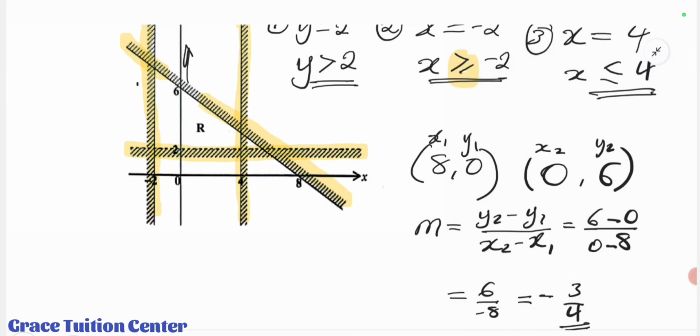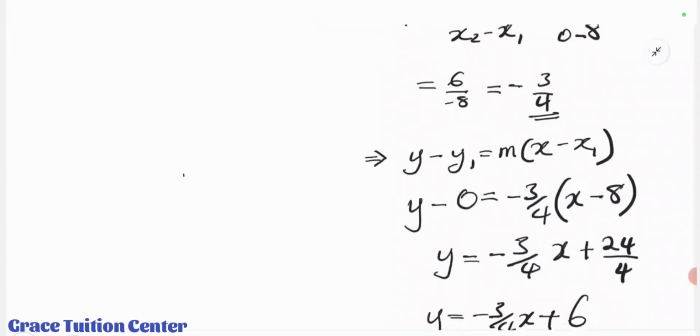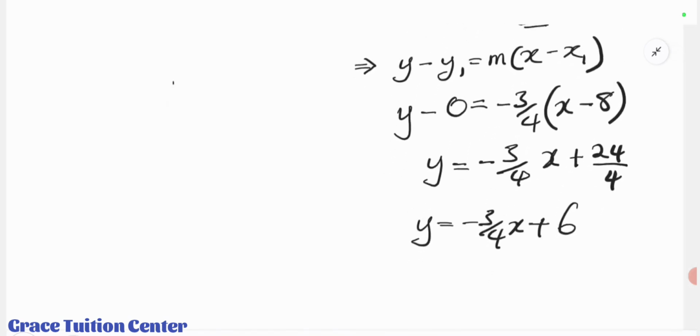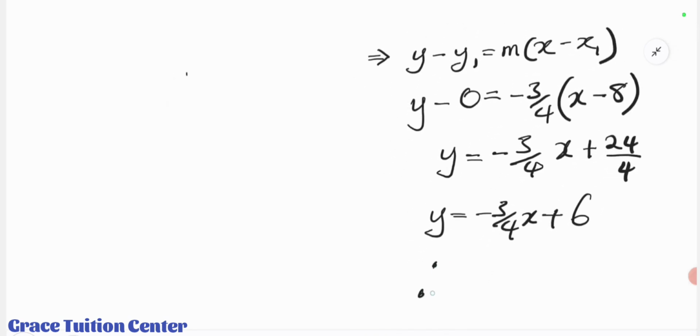Only those numbers that are on top are bigger than 6. So then we can now conclude and say, therefore, y is less than or equal to negative 3 over 4x plus 6.